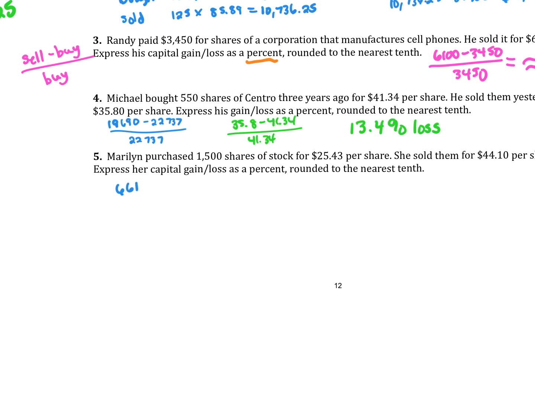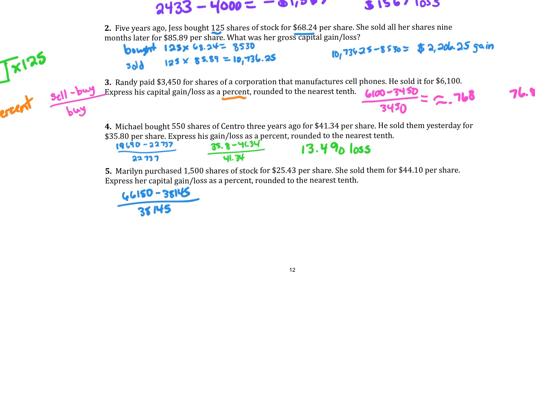So 66,150 minus 38,145 all over 38,145. So that's taking the 1,500 shares times each of the prices and doing your sell minus your buy over your buy.